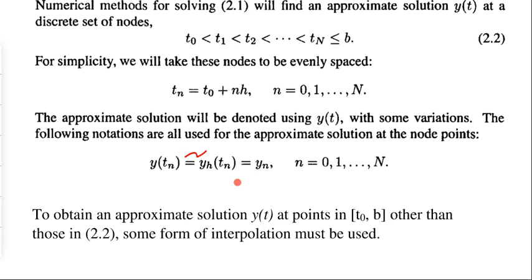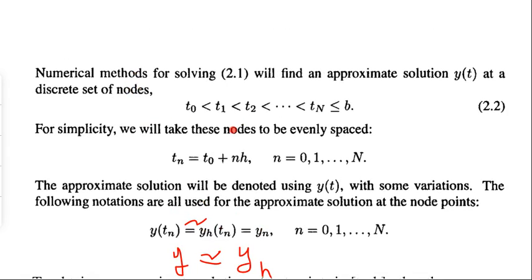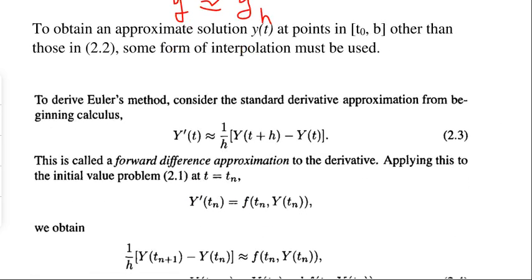So yh, generated by our numerical technique, for example Euler's method, will be an approximation of our unknown solution y at a set of discrete points t1 to tn.